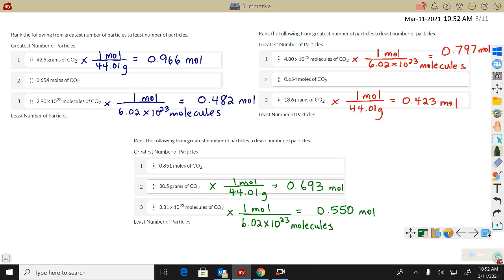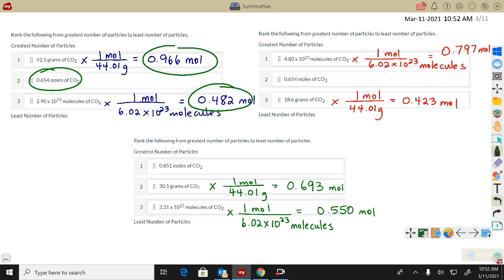In choice 2, I took that 3.9 times 10 to the 23rd molecules and switched that to moles. It makes sense because 3 times 10 to the 23rd should be about half a mole, so I had a little bit less than half, 0.482. And from there, it was easy to rank them. Once I had them all in the same unit, then I could go largest to smallest.